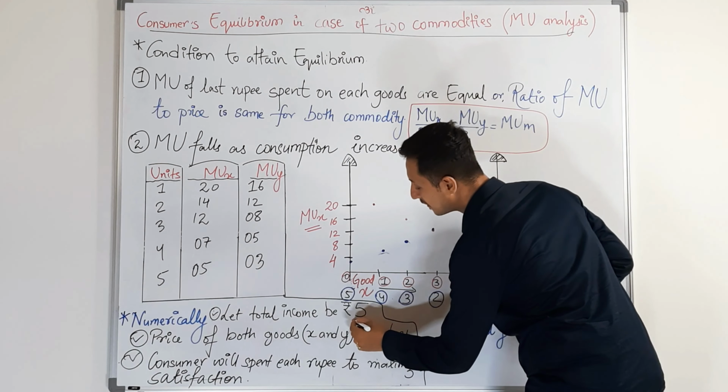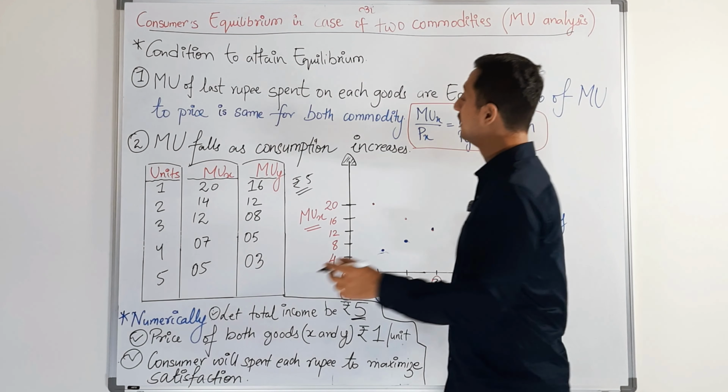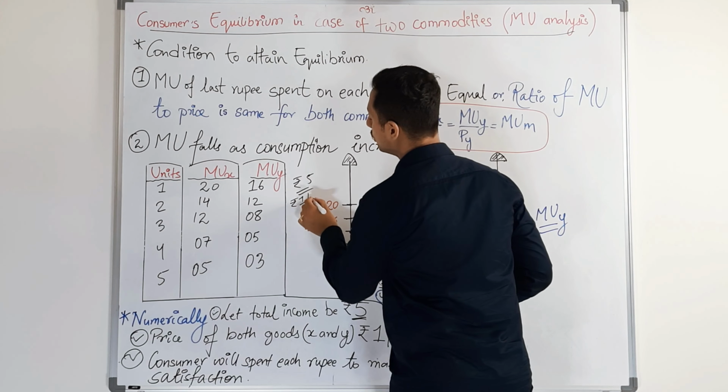Another assumption is that the price of both goods X and Y is rupees 1 per unit. So the price of each good, X and Y, is 1 rupee per unit.